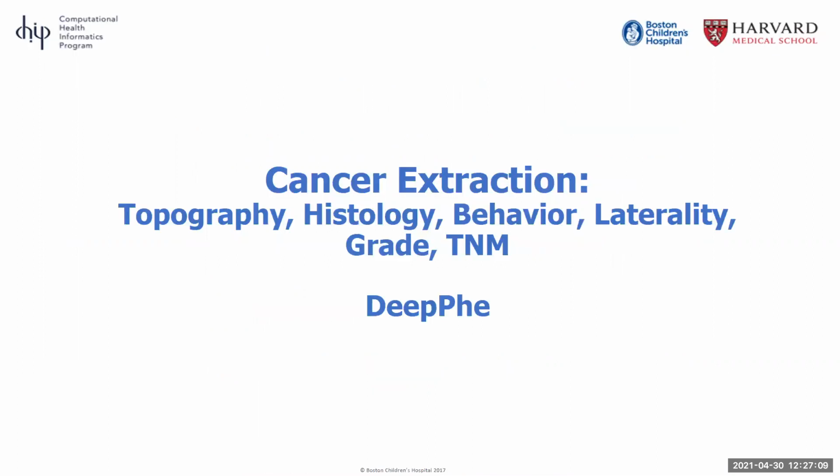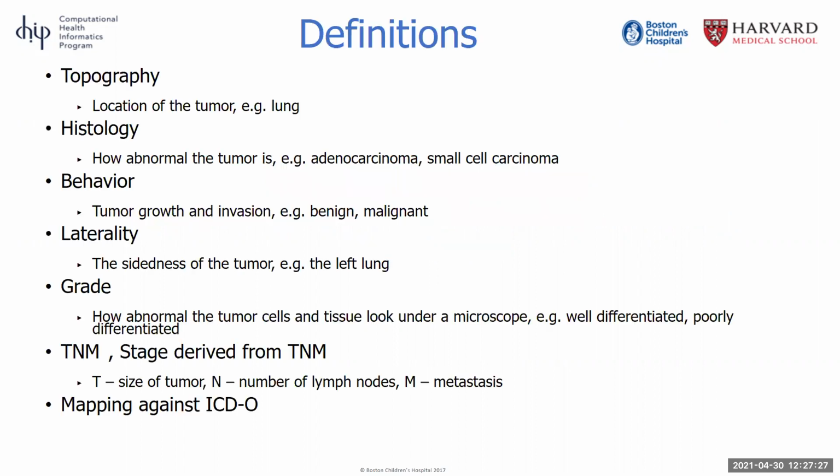So on that positive note, now I'm going to talk about cancer information extraction, and I'm going to focus on the extraction of 6 core cancer attributes, and that's the DeepPhe project. Some definitions for the non-oncologists in the audience.